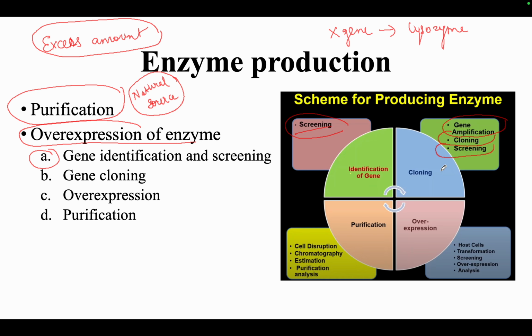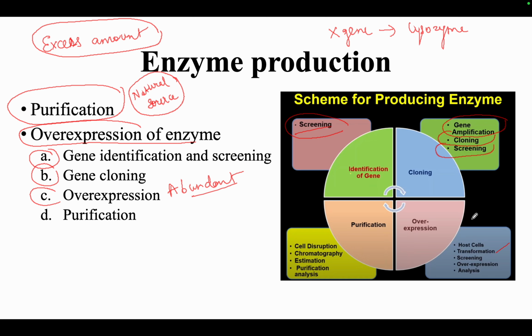Once the vector is fully synthesized and includes our gene, the next step is to overexpress it in order to get abundant protein. That is our aim. So we need to do overexpression. In order to overexpress, first we need to transform it into our host cell. Host cells may vary depending upon what type of gene you are looking for.